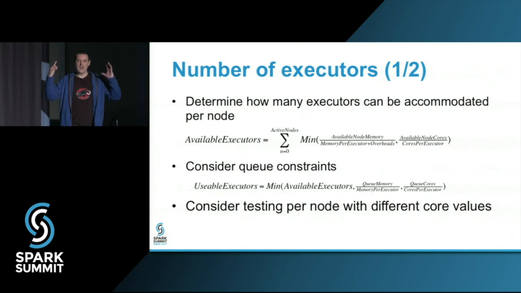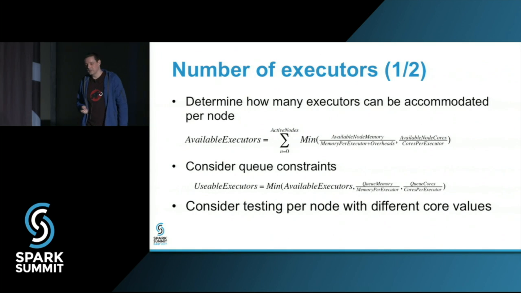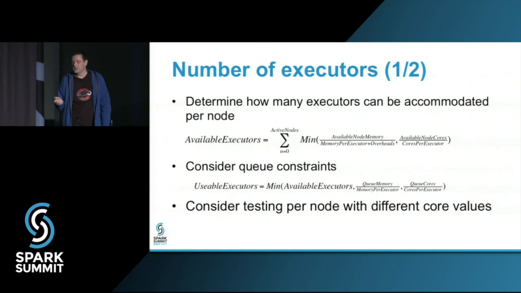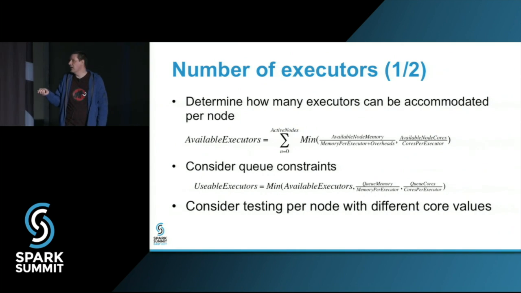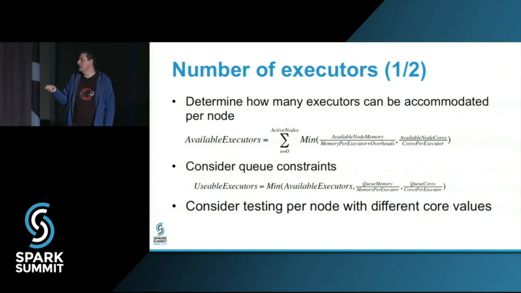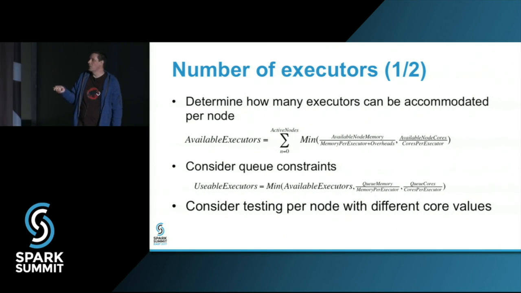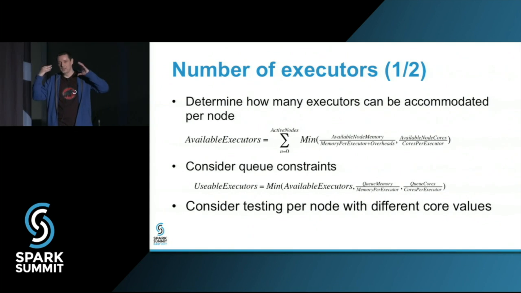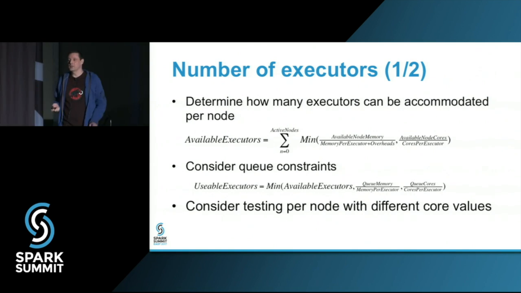That's the maximum that we can field at present without overloading the cluster. We can then also consider the queue constraints: how many executors can we do without violating the queue memory constraints, how many can we do without violating the queue core constraints, and then take the minimum of all three. This gives us an upper bound on what we can field and what we can use. So it's the upper bound of usable executors.